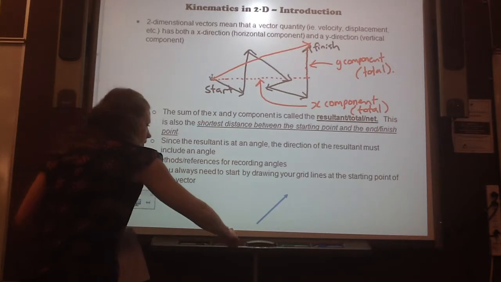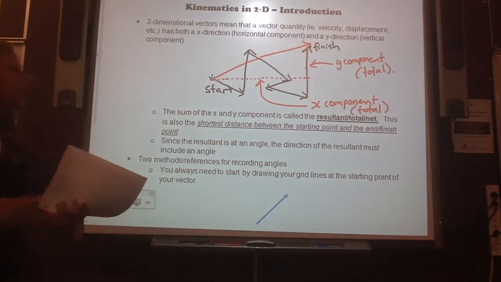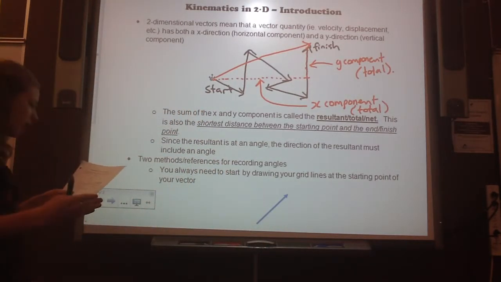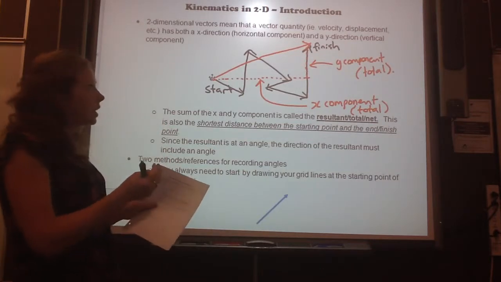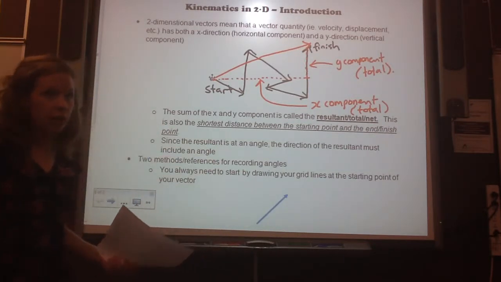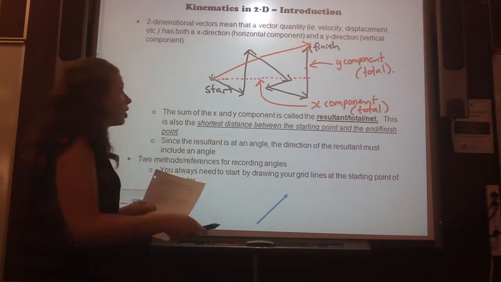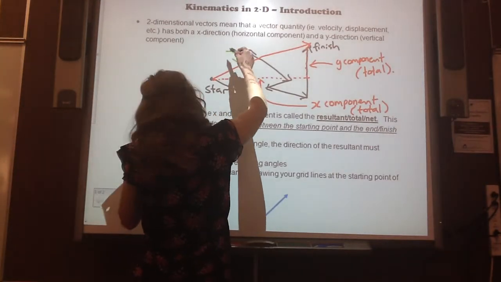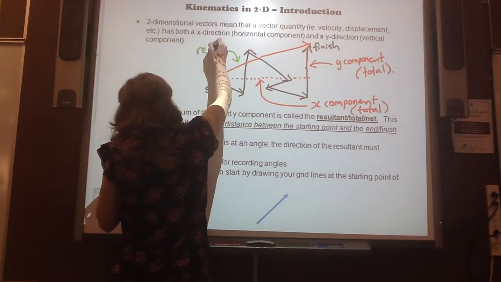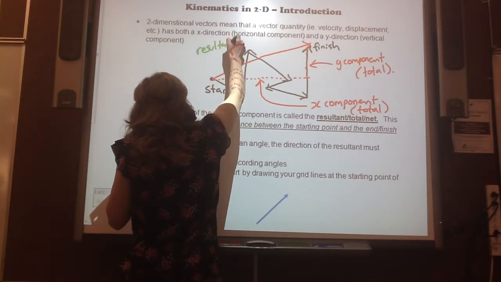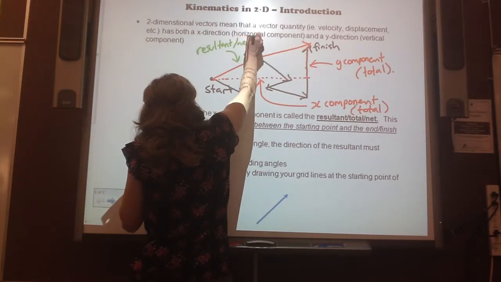So, once I've figured out my x component and my y component, as you can see this is a triangle, I can find the hypotenuse. The hypotenuse, in this case, is known as the resultant or net vector.